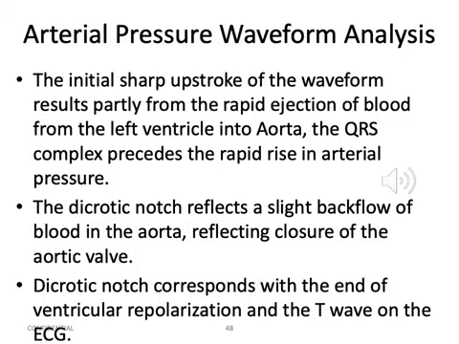That's why the QRS complex usually precedes this rapid rise in the arterial pressure. So, if we want to make a correspondence between arterial pressure and ECG waves: when ventricular depolarization happens, it causes ventricle contraction and this sharp increase in pressure.